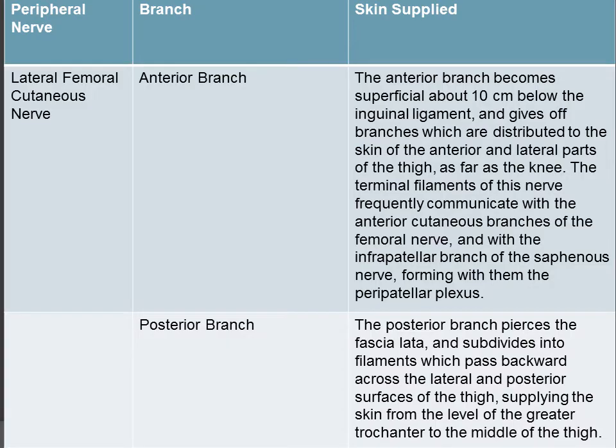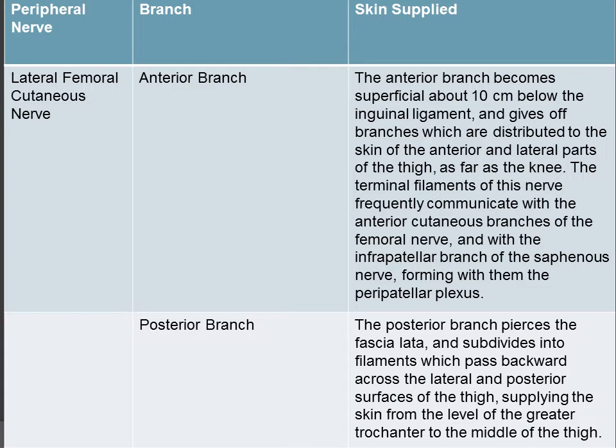The anterior branch becomes superficial about 10 centimeters below the inguinal ligament, and from there gives off branches which are distributed to the skin of the anterior and lateral parts of the thigh about as far down as the knee.